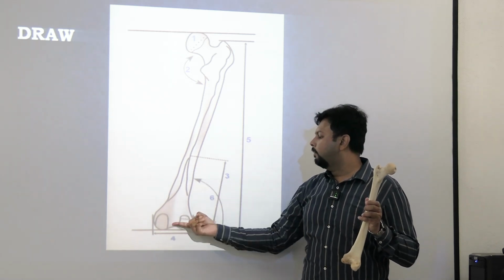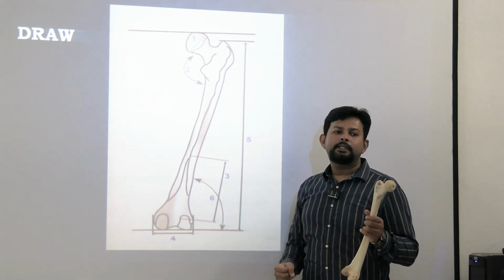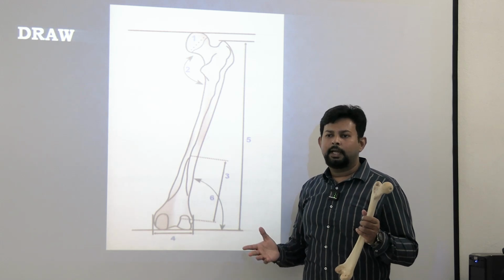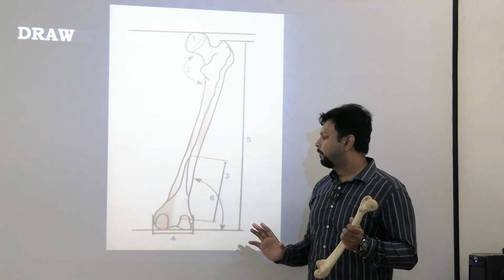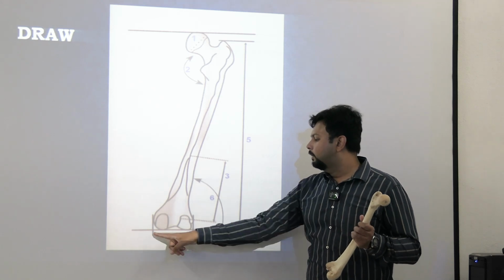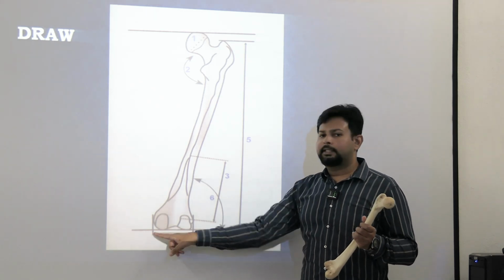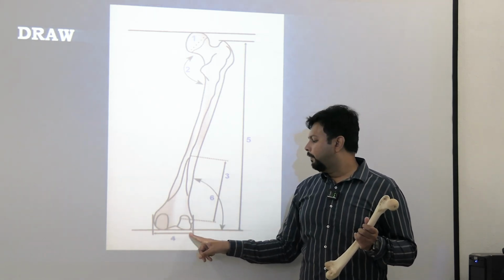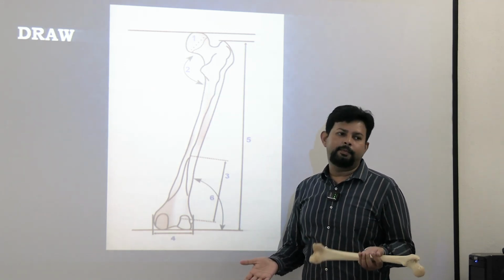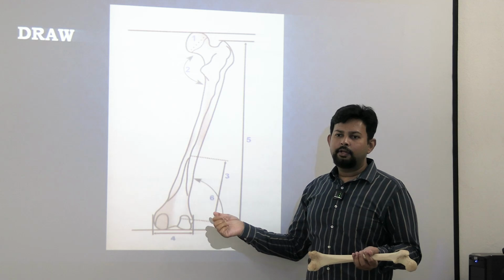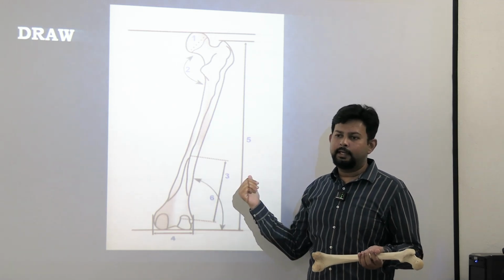From here till here, popliteal length. It is more in males as it is larger and less in females. Then there is the bicondylar width. This width will be more in males, lesser in females. Values I will show you in the next slide.